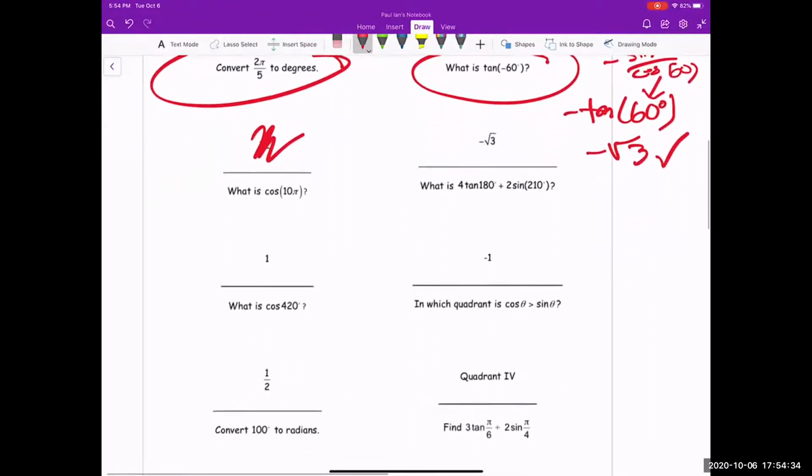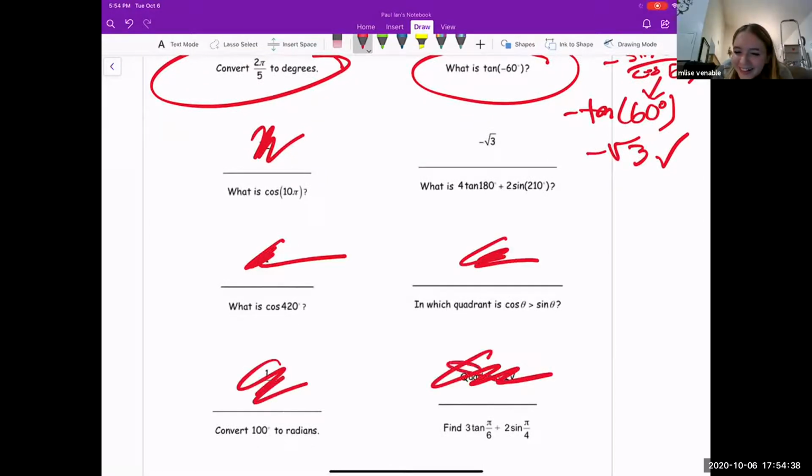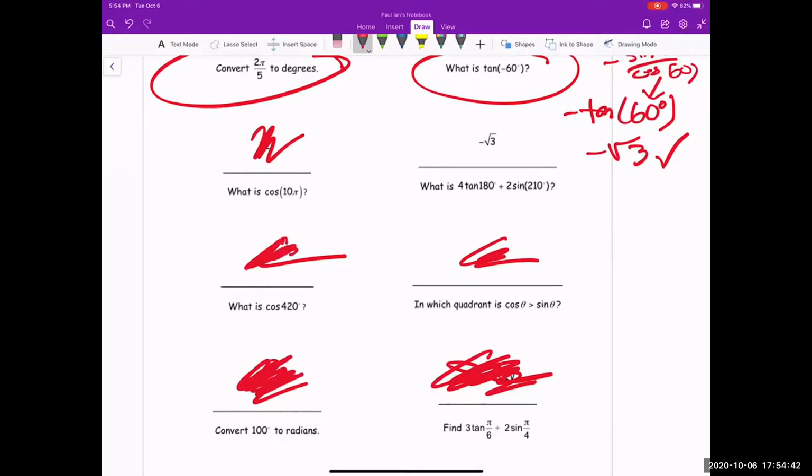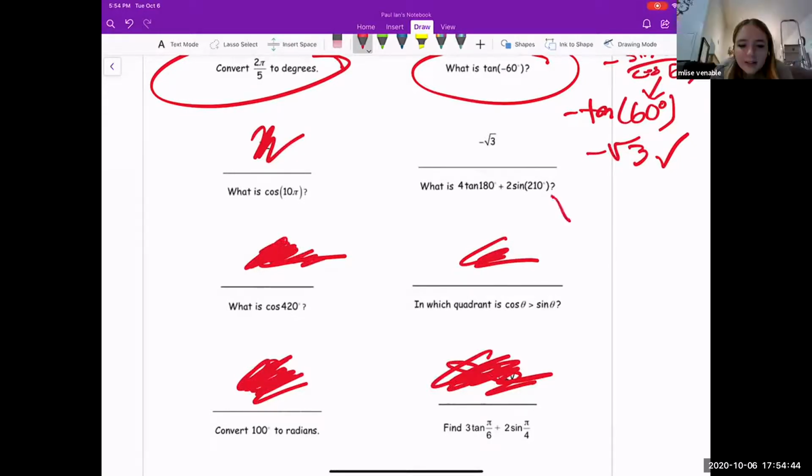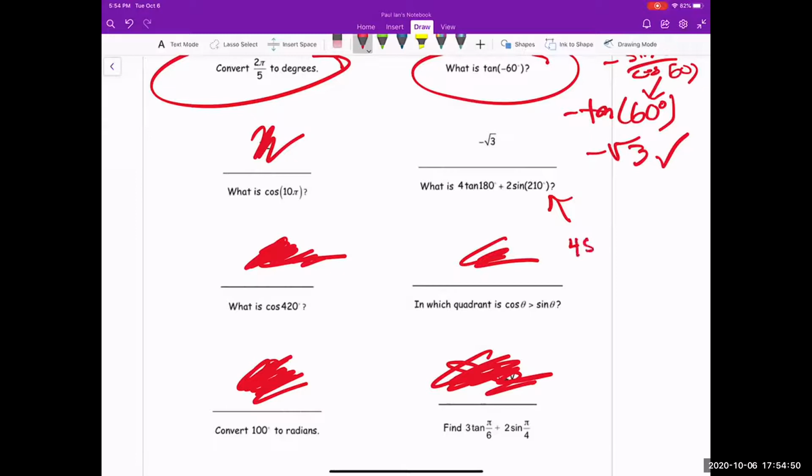Mm-hmm. And then what about this? I don't know which ones you got wrong. I think I got these right actually, but let's try doing this one. This one's a little difficult. Okay. So let's see, 410 to 180. What is that? That one's a 0, I think, isn't it? I don't know.